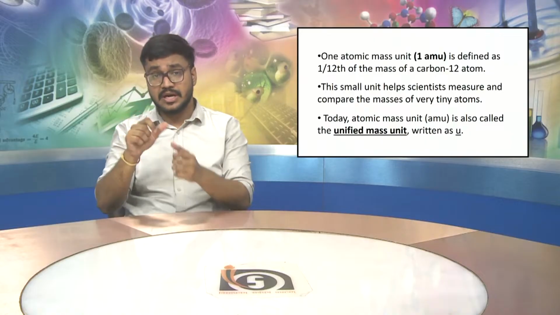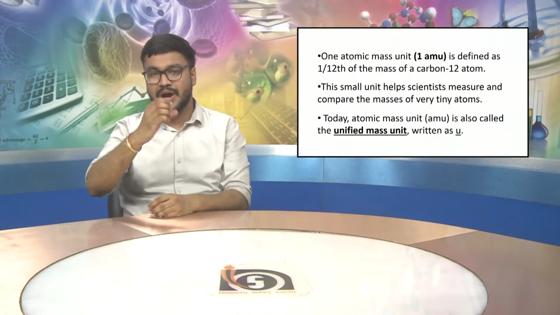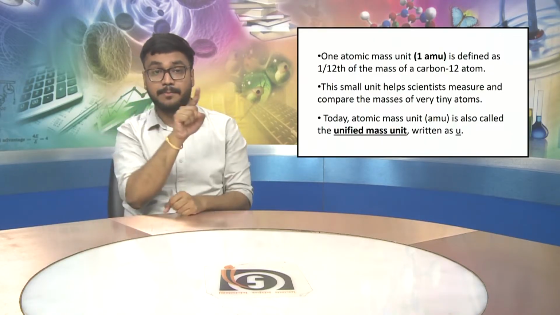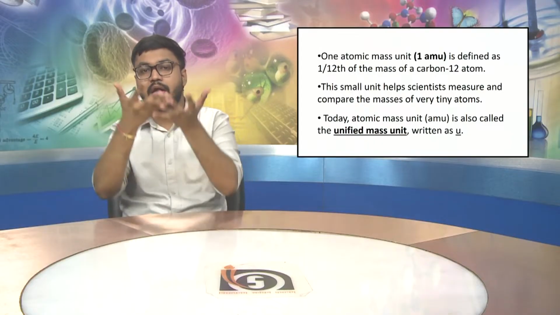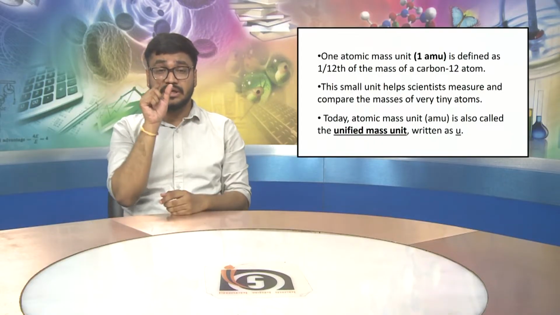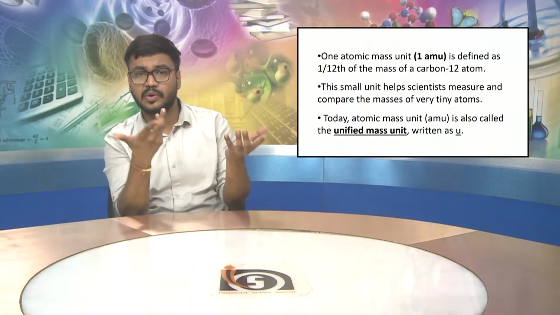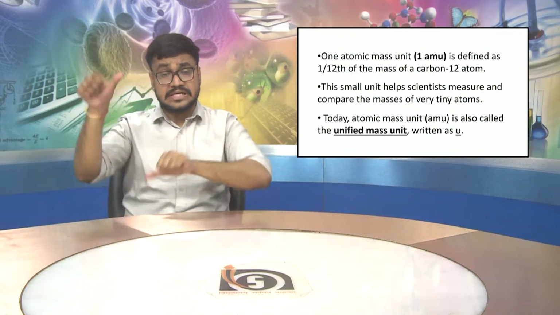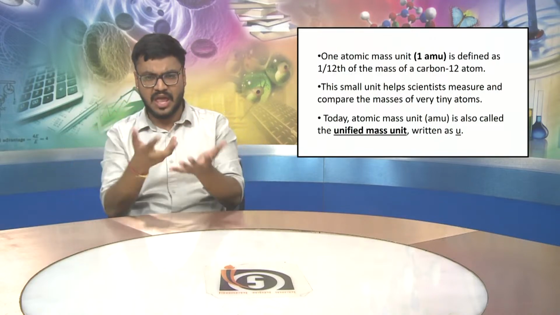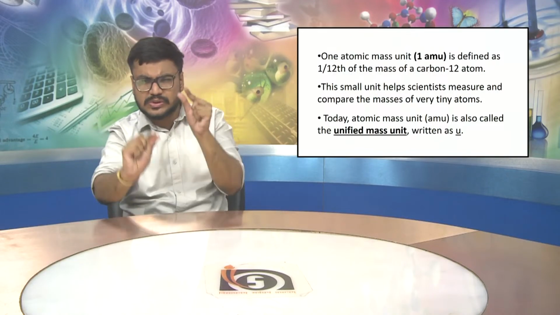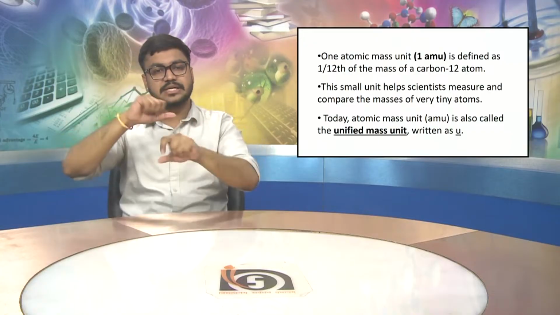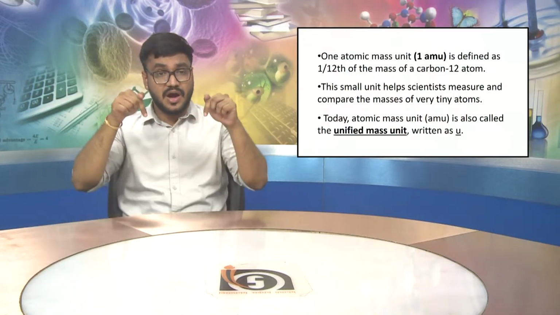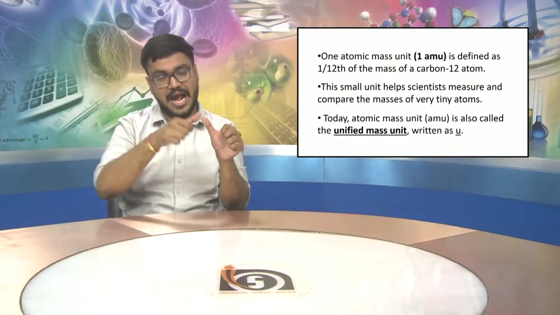One atomic mass unit, which is 1 AMU, is defined as 1/12th of the mass of a carbon-12 atom. This small unit helps scientists measure and compare the masses of very tiny atoms.